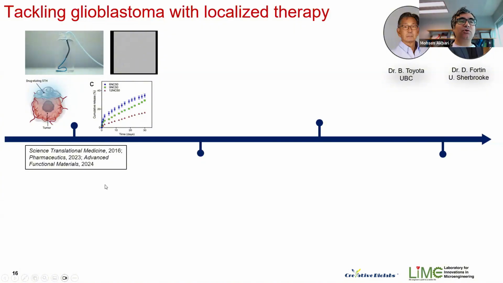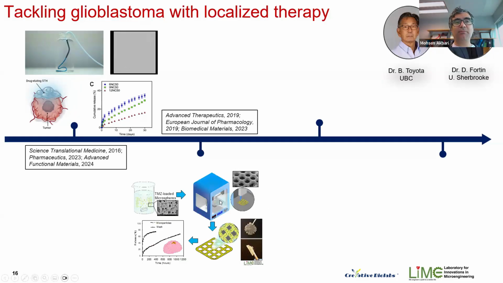Then we also spent a lot of time on creating implantable, flexible, hydrogel-based drug delivery systems, which could be 3D printed to the size of the tumor and then implanted into the tumor cavity during surgery, post-tumor removal.